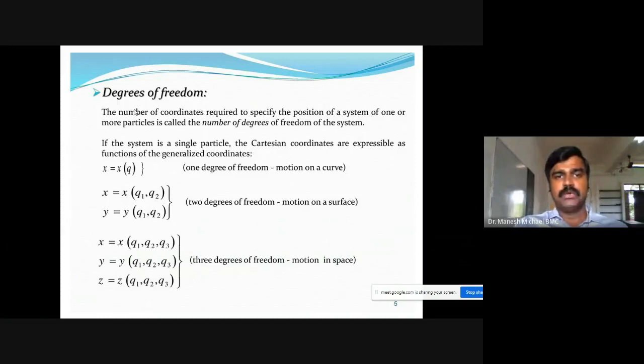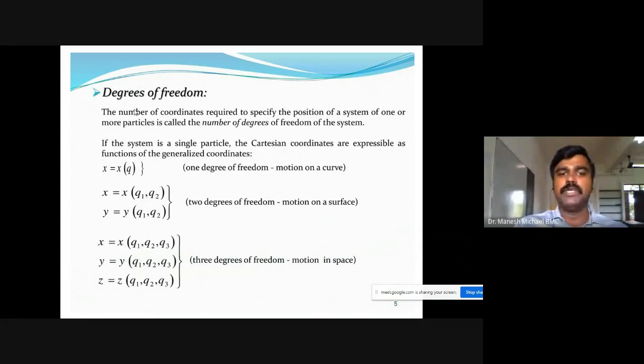For example, if you are discussing a one-dimensional motion, how many coordinates are needed to explain that motion? In one dimension, you need only one coordinate. So the degree of freedom is 1.